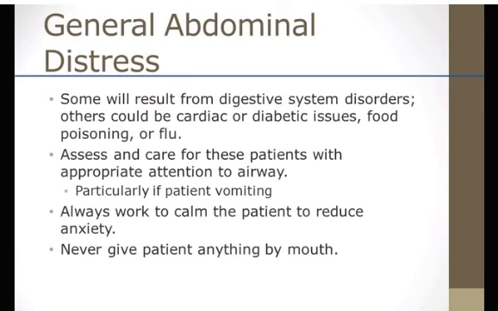So again, we talked about this earlier, but pay attention to their airway if they're vomiting or they tell you they're nauseous. Be ready for that and don't get caught unaware. If they tell you that they're nauseous, put them in a position where if they vomit, it's not going to put their airway at risk. So either sitting up or laying on their side, so when they vomit, they can get that out.